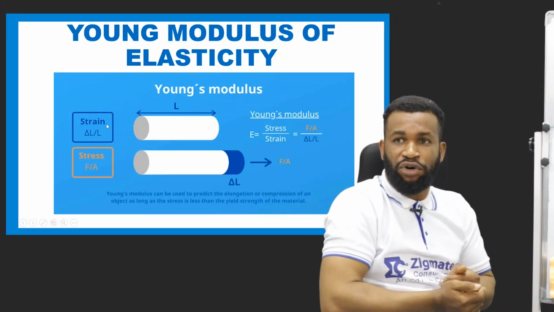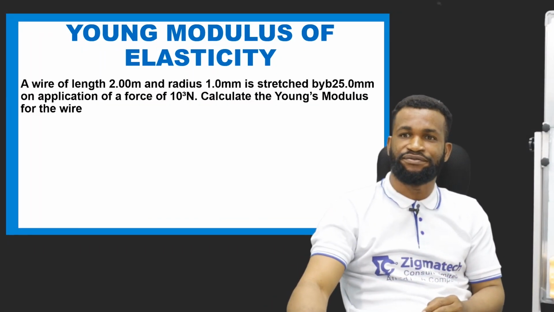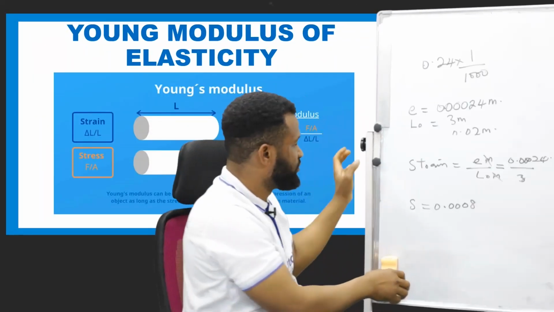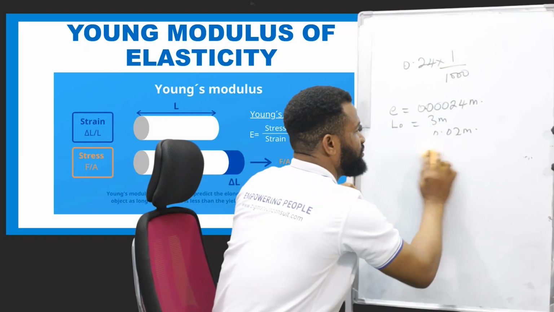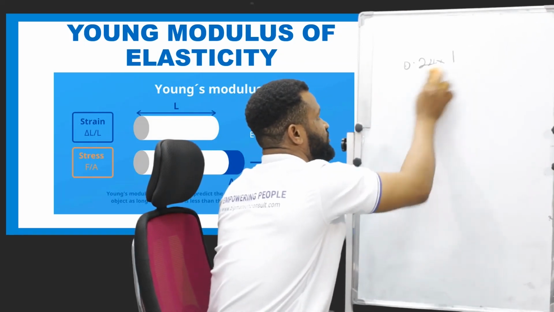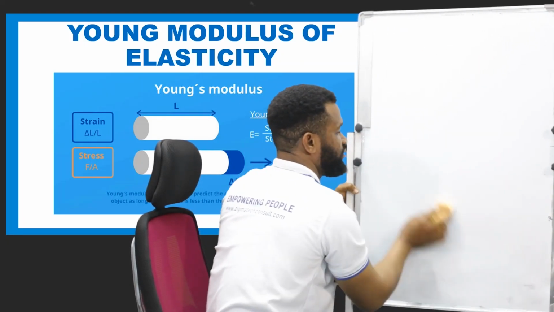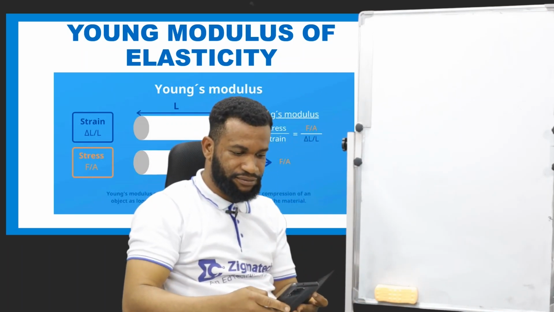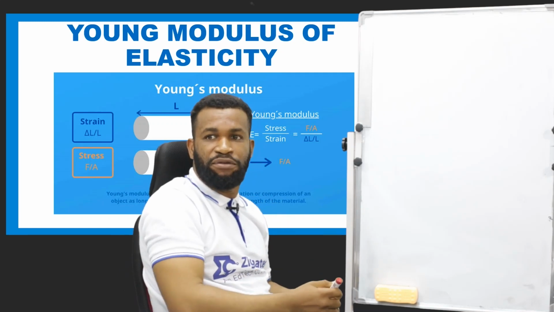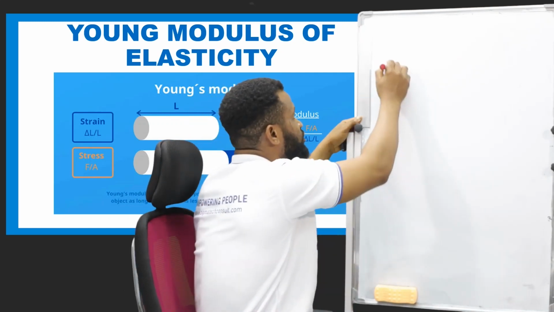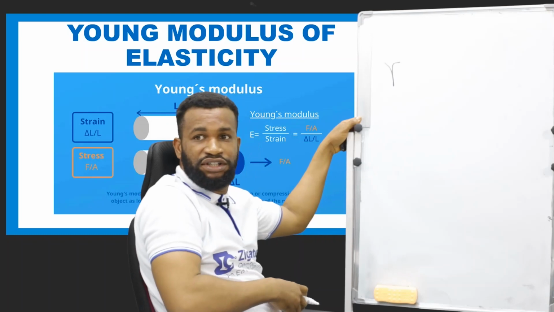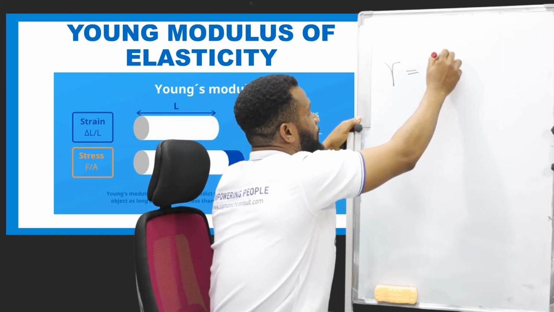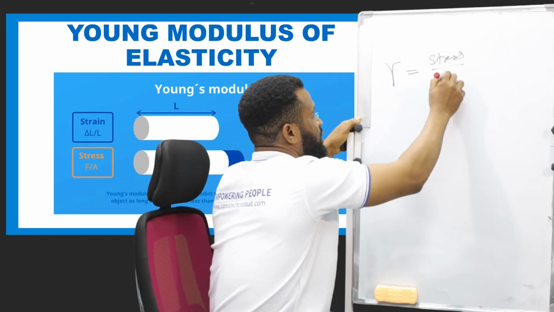Now let's talk about Young modulus of elasticity. When we talk about Young modulus of elasticity, the symbol for Young modulus is given as stress over strain.